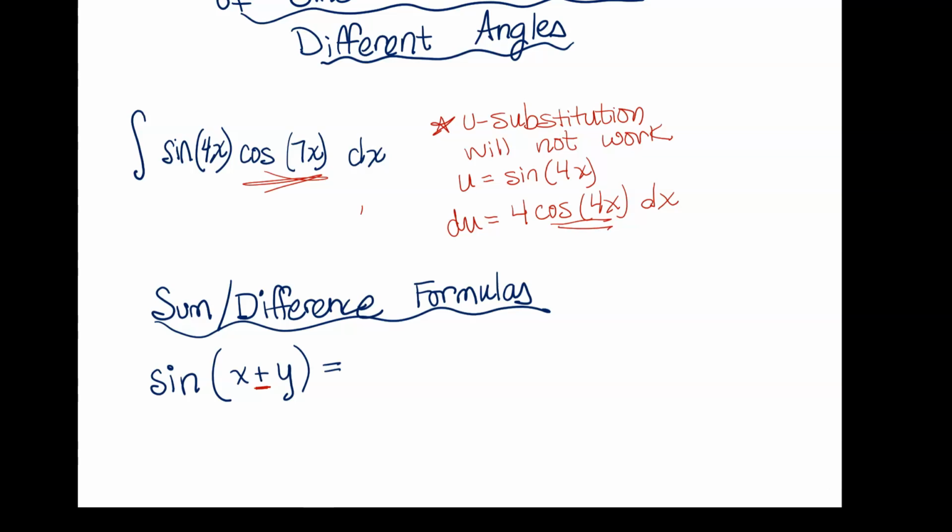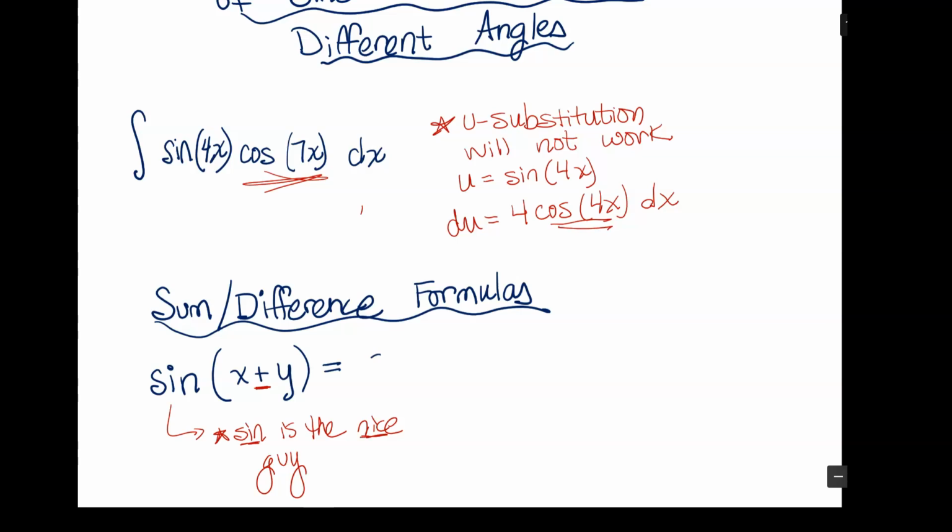So I'm going to start the story as I write out the formula. I like to think of sine as the nice guy. Sine backwards is almost nice. So sine is the nice guy. And what that means is when he breaks apart a sum or difference inside of his angle, he's going to share with cosine.